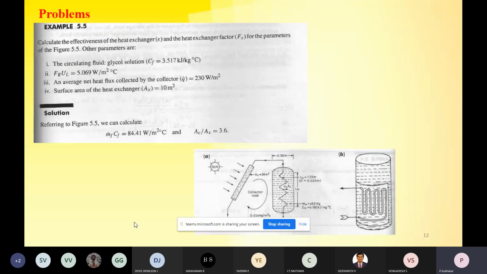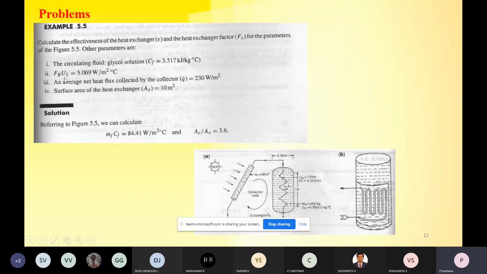Calculate the effectiveness of the heat exchanger and the heat exchanger factor for the parameters of figure 5.5. That is the figure they have given. The parameters are: the circulating fluid, the fluid flowing inside the collector, is a glycol solution. The specific heat of the glycol solution is 3.517 kilojoule per kg degree centigrade.